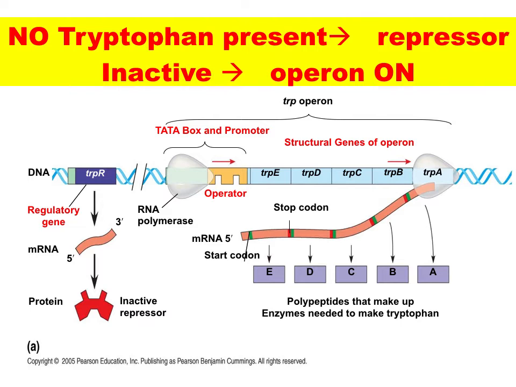Because it can't do anything, RNA polymerase can attach to the promoter, get past the operator, and transcribe the structural genes that code for the proteins that work together to make tryptophan.